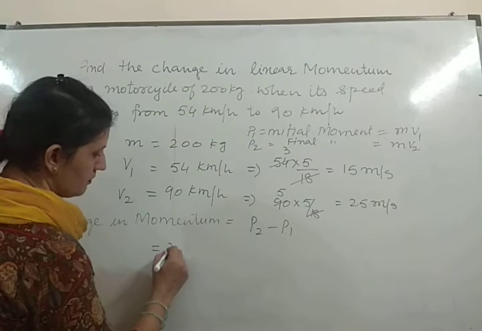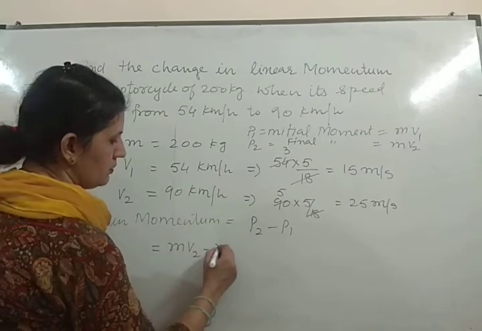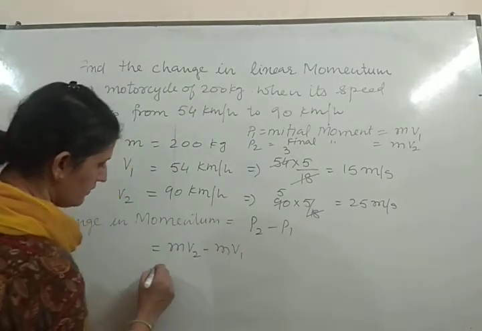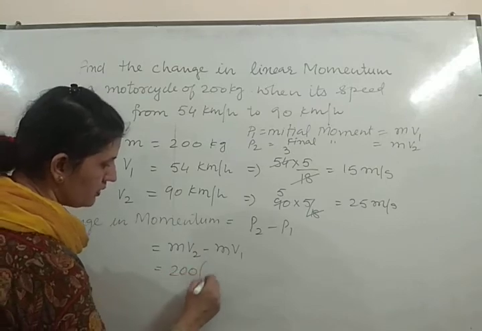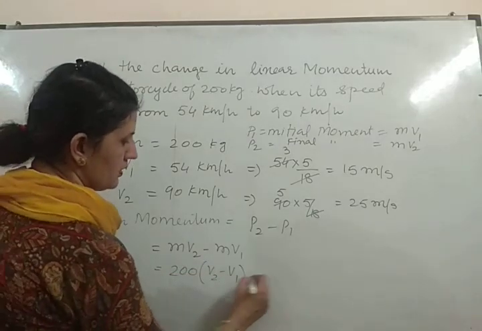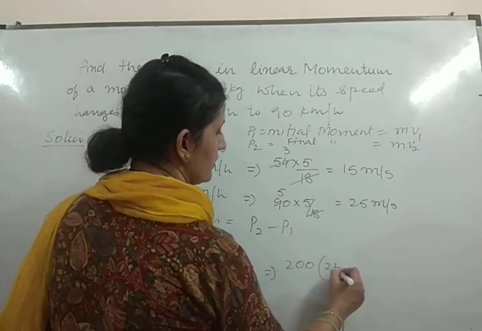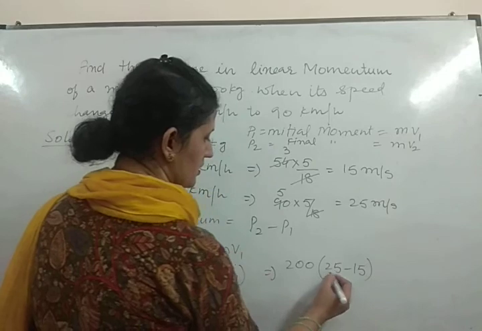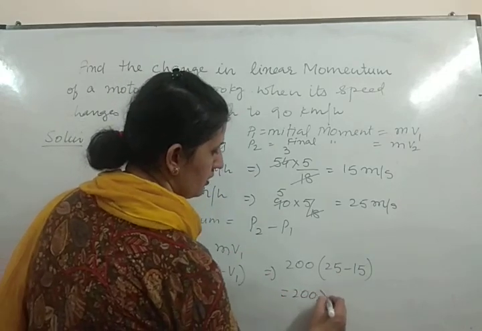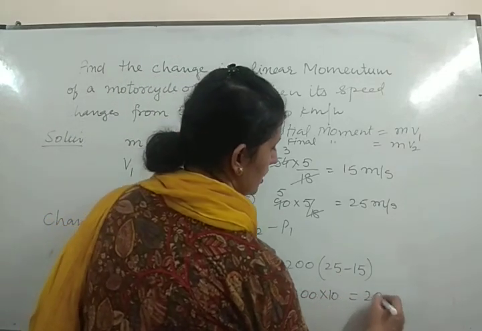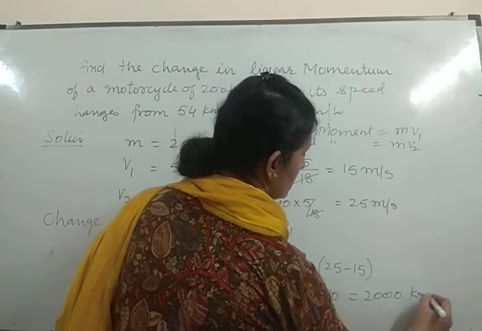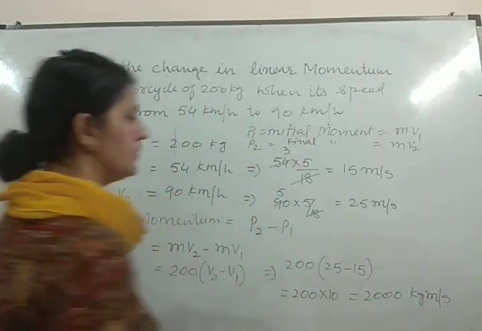This is mass into V2 minus mass into V1. So take 200 common, V2 minus V1. What is the value of V2? V2 is 25 minus 15. This is 10. This is 200 into 10. The change in linear momentum is 2000 kilogram meter per second.